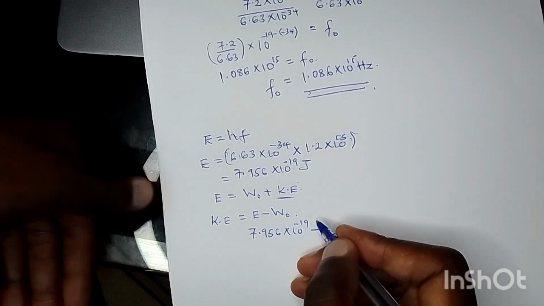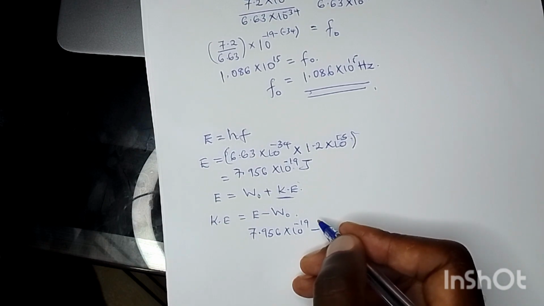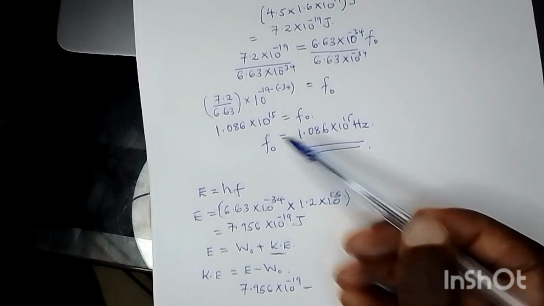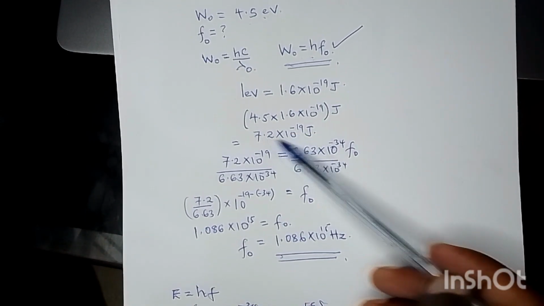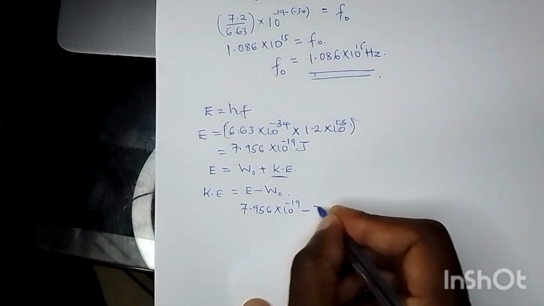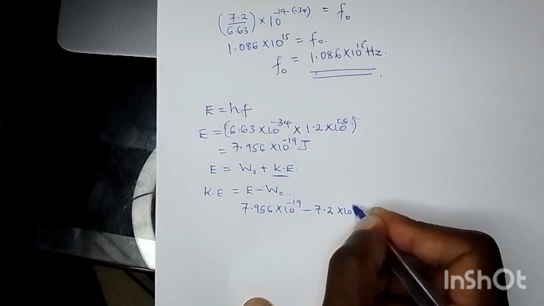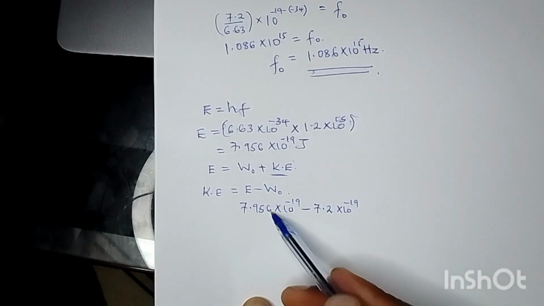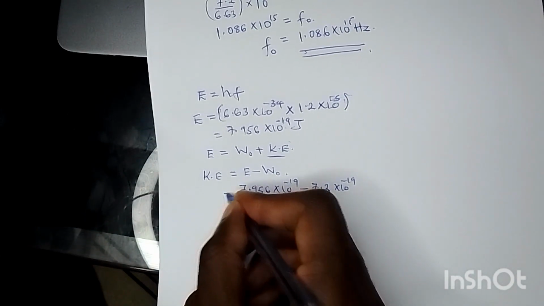Remember, the work function we had converted somewhere, and it is this. This is the work function. So I come and subtract 7.2 times 10 to the power negative 19. These ones are values of the same power.